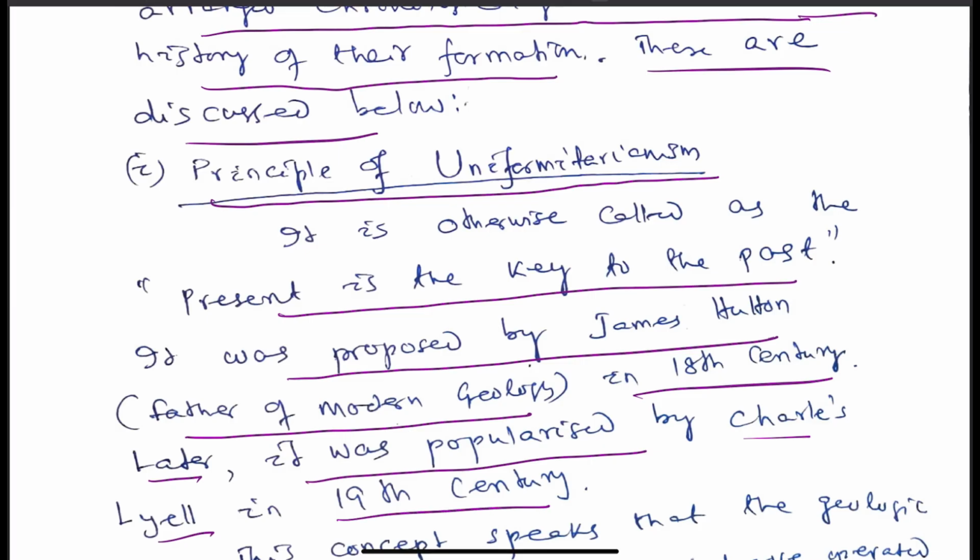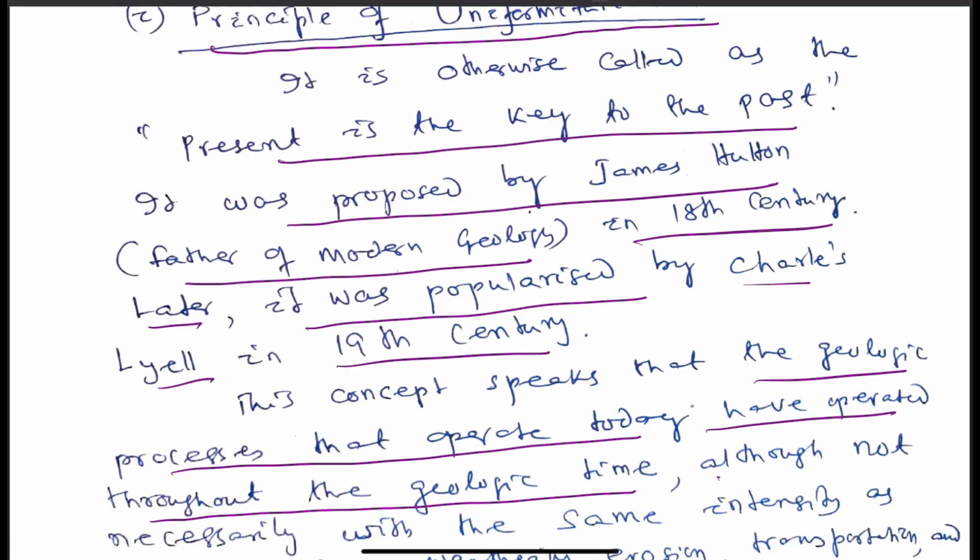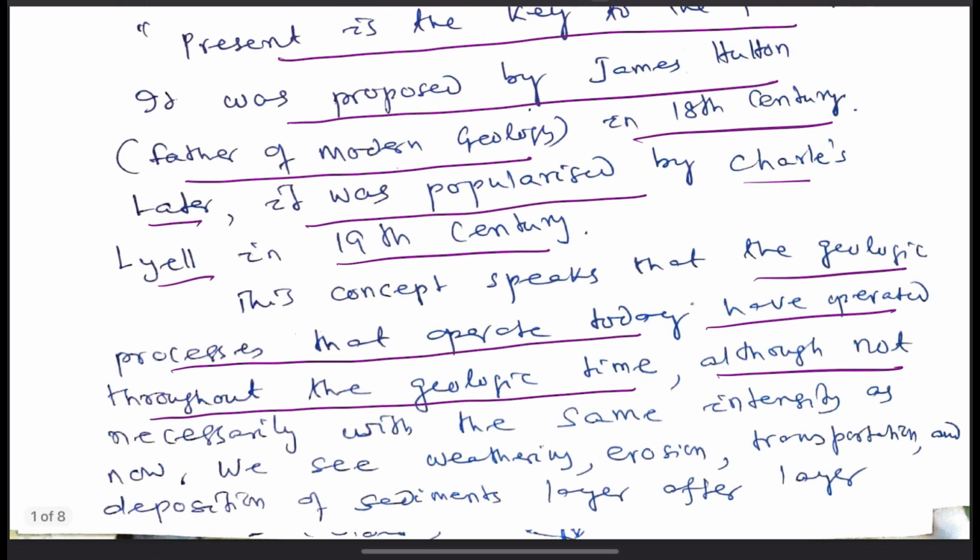So what is the main theme of "the present is the key to the past"? It speaks about the fact that the geological processes that operate today have operated throughout the geologic time, although not necessarily with the same intensity as now.